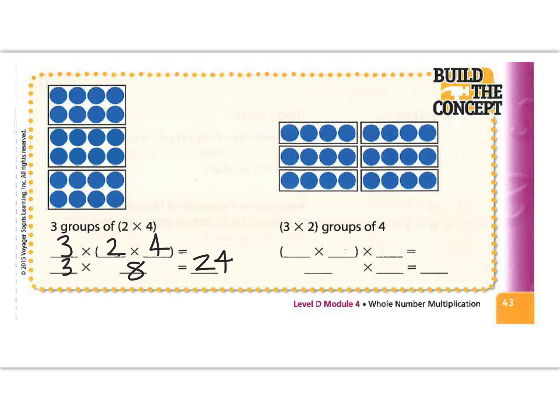Now same here, except they switch the groups around. So now we have 3 groups of 2, or 3 times 2 groups of 4. So we would do 3 times 2 times 4. 3 times 2 is 6. 6 times 4 is 24. Same answer, just a different way.